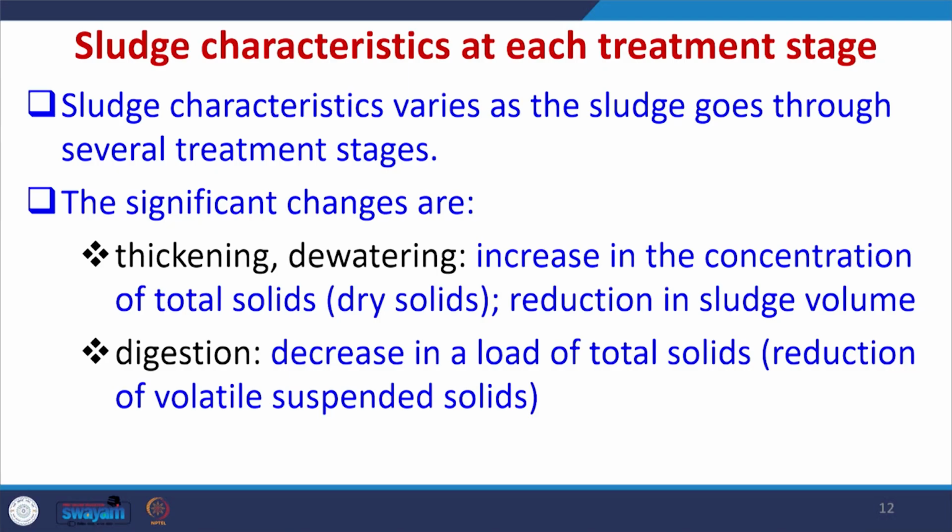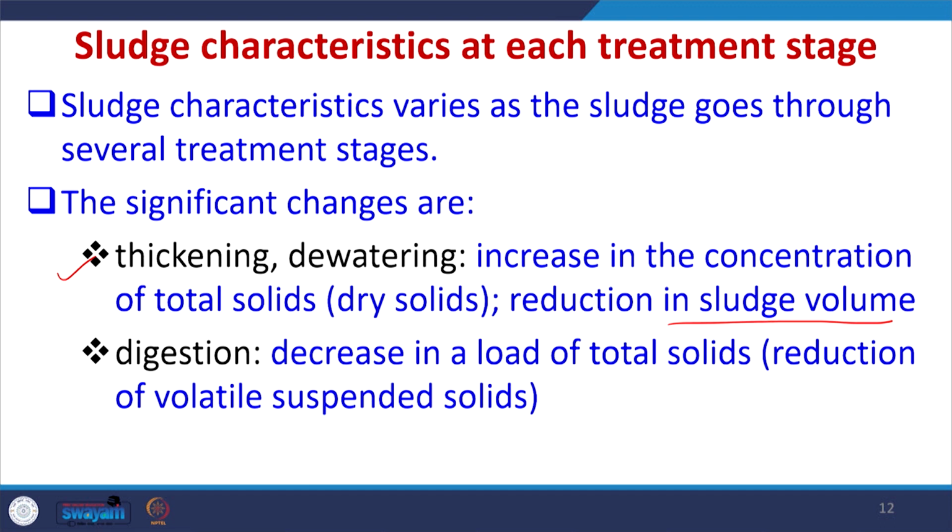Okay, so going further, the sludge characteristics at each treatment stage. The sludge characteristics vary as the sludge goes through several treatment stages, which we will be studying further. The significant changes are like during thickening and dewatering: the concentration of total solids will increase, but there will be a reduction in sludge volume, because we are going for thickening and water is getting removed.